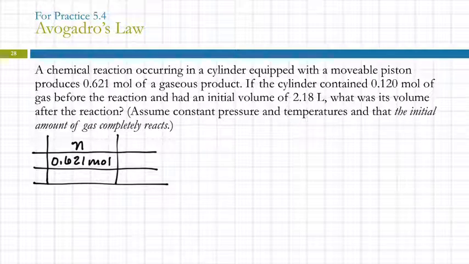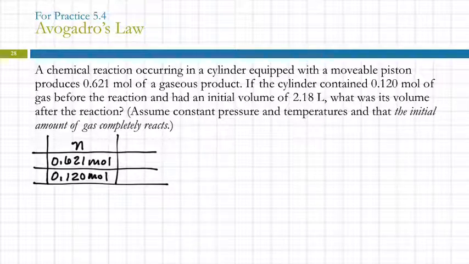If the cylinder contained 0.12 moles of gas before, well, so there's another mole. I better put that down here, 0.120 moles. And had an initial volume, 2.18 liters. So this 0.12 moles goes with the 2.18 liters. Do you see that?